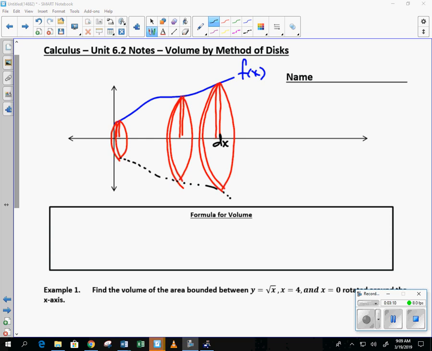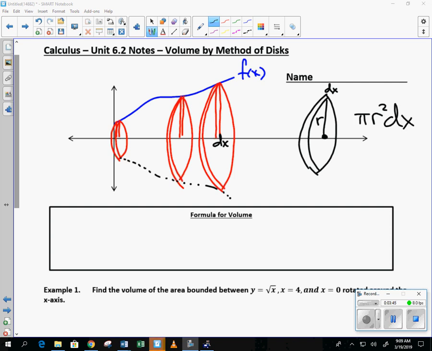How would you find the volume of a disc? If you want to find the volume of that guy, we've got this width of dx, but what do we call this part right here? The radius. So what's the area of this? Pi r squared. So you take pi times r squared, and then you multiply it by the width, which is dx.